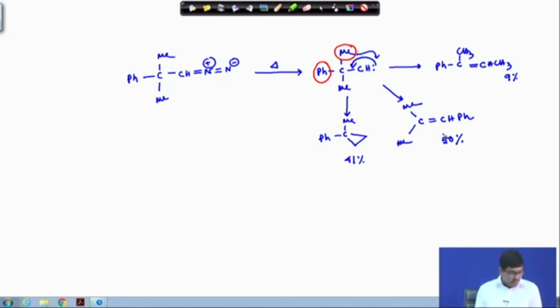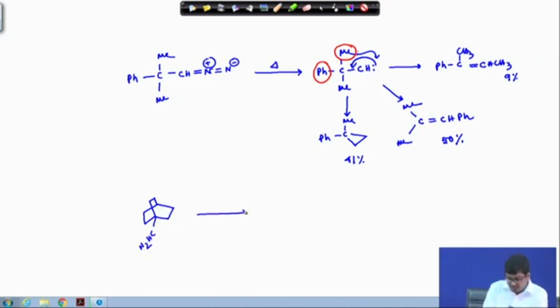In another type of substrate, again the diazo compounds are the precursors of the carbenes. This is a corresponding bicyclo octyl diazomethane type of compound. This has the bridgehead, and this is the substrate.